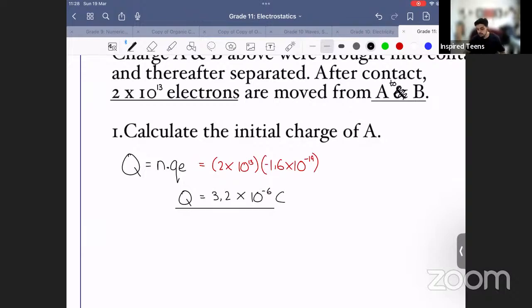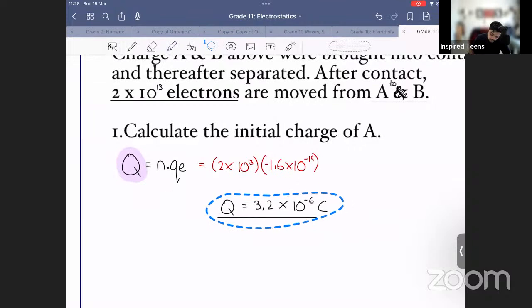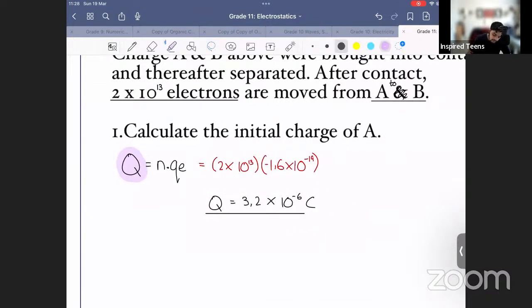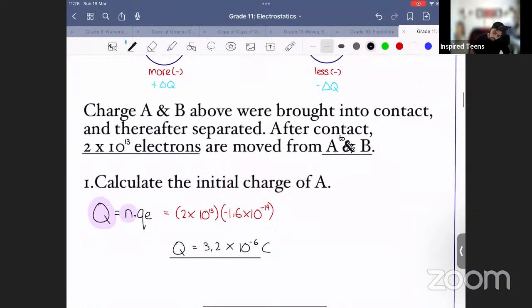So what information is this? Okay, well, we want to know what charge this is. The way to determine what charge it is, is to ask yourself, what electrons did you substitute? We substituted the electrons that were transferred. Electrons transferred from A to B, that's what we substituted.